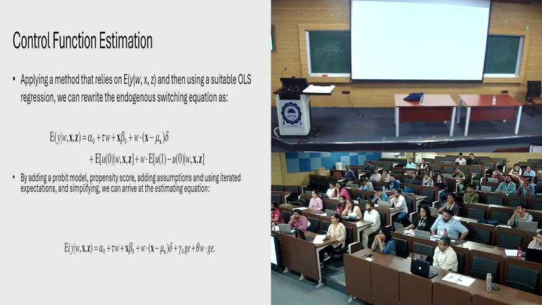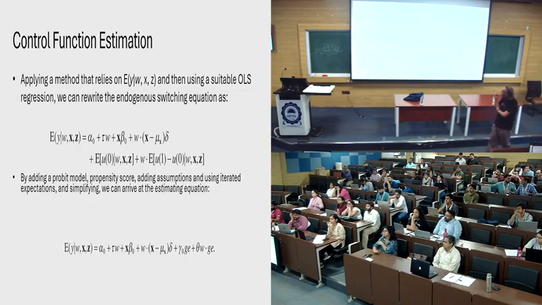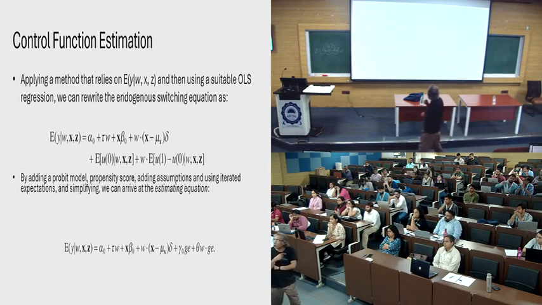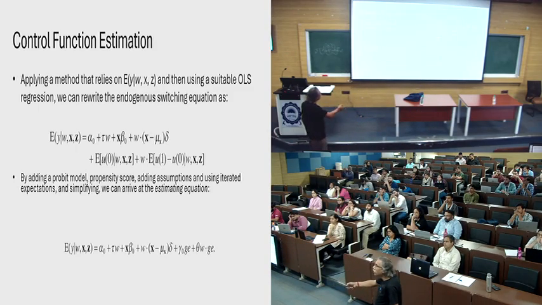What does a control function do here? It's a method which relies on the expected value of y conditional on w, x and the set of other explanatory variables, which is my z. Then it uses something like OLS where we rewrite the endogenous switching model. Why is it an endogenous switching model? You see that this is one part of it, and this multiplied by the W is the other part of it.